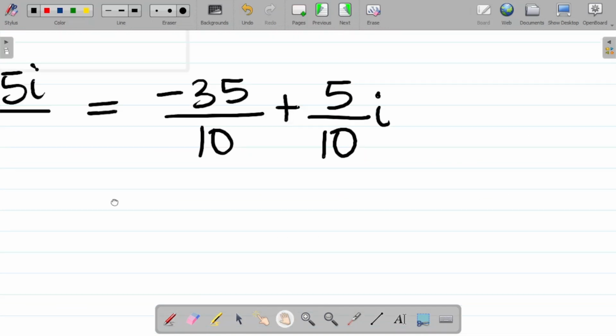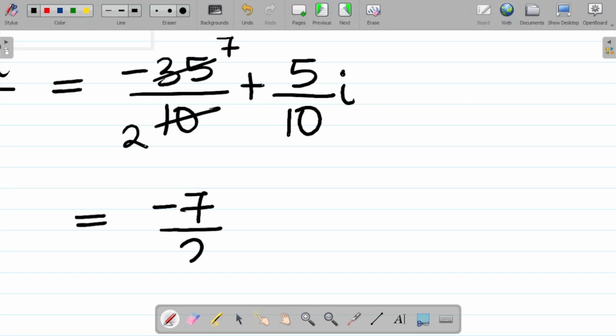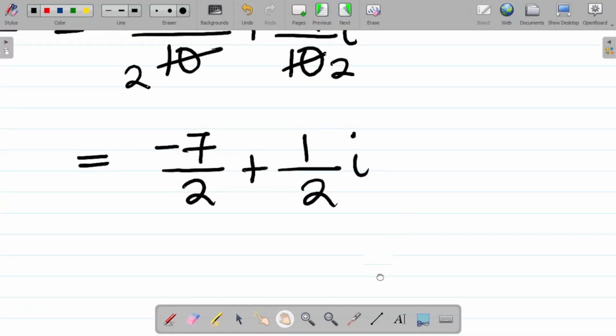If you look at this, we can still break this down to lowest terms. 10 can be divided by 5, that gives you 2. 35 divided by 5 gives you 7. That becomes minus 7 all over 2, plus 5 divided by 5 gives you 1, and 10 divided by 5 gives you 2. That becomes 1 all over 2i.